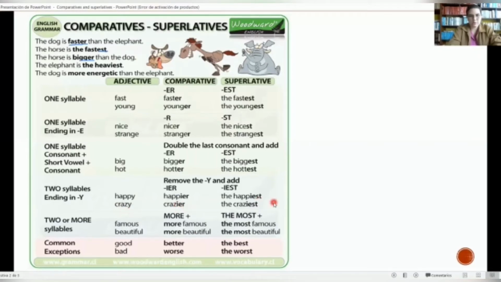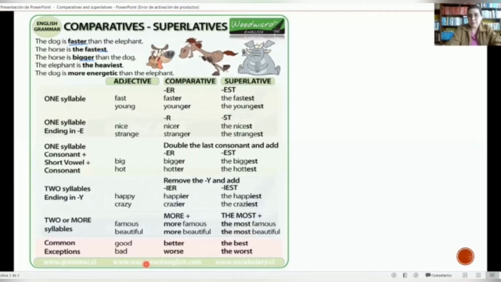And that's it. Two or more syllables, for example famous, beautiful, awesome. You say more, you don't need the ER. You put more: more famous and more beautiful. And if you are talking about superlative, you say most famous and most beautiful.